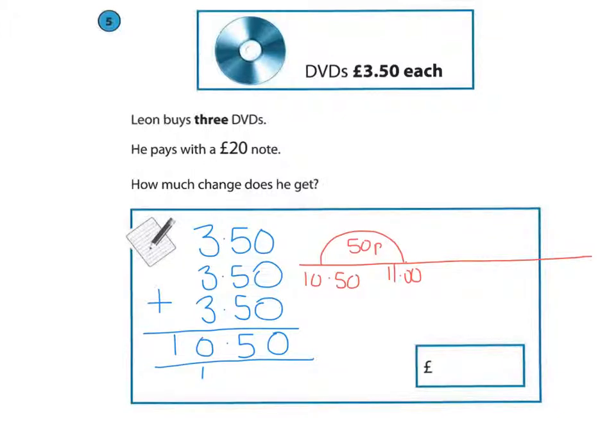I can either do 9 little jumps to get me to £20, or I can do one big jump of £9 and I get to 20. I then need to add up the money at the top, so 9 add 50 gives me £9.50. So I'm going to have £9.50 change from my £20 note.